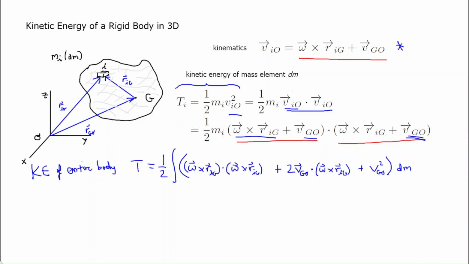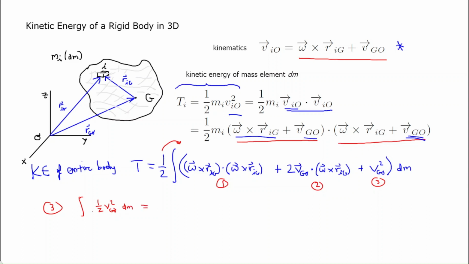Now let's do the easy part first. This can be separated into 3 integrals, since we have 3 terms inside the integrand. I'm going to do the third term first, and maybe we can label these 1, 2, 3. The third term, when I distribute the 1/2 into each term and the dm as well, is the integral of 1/2 v sub go squared dm.